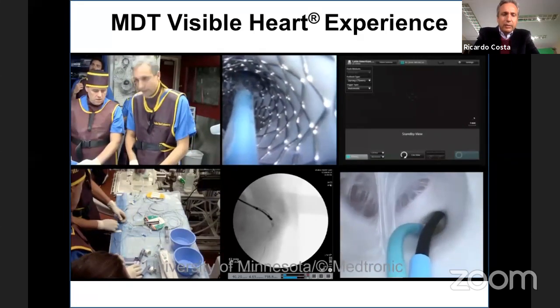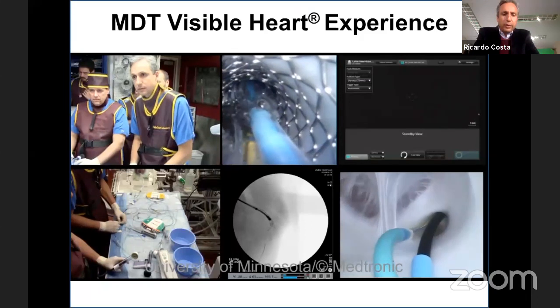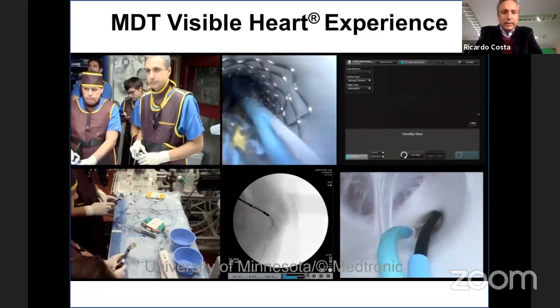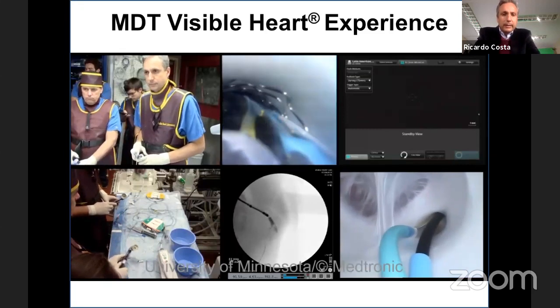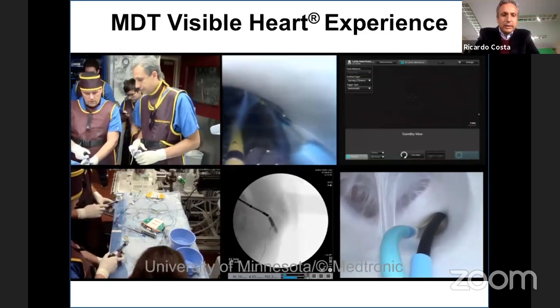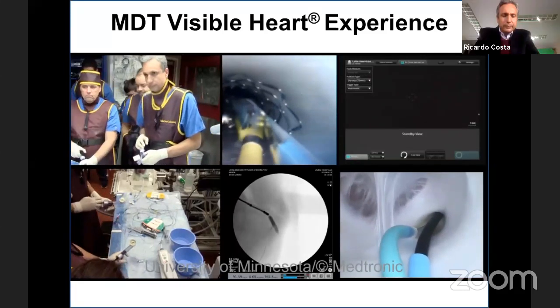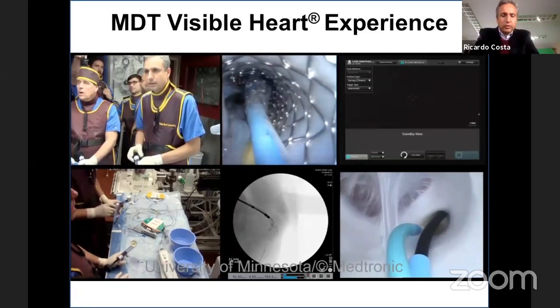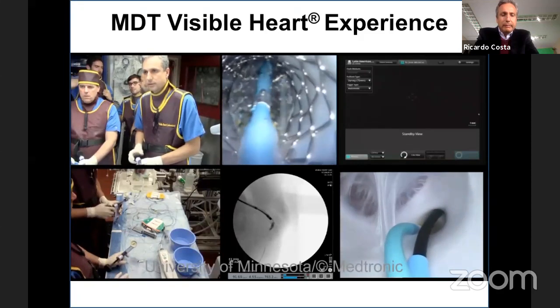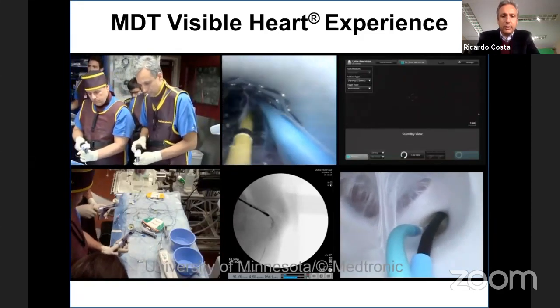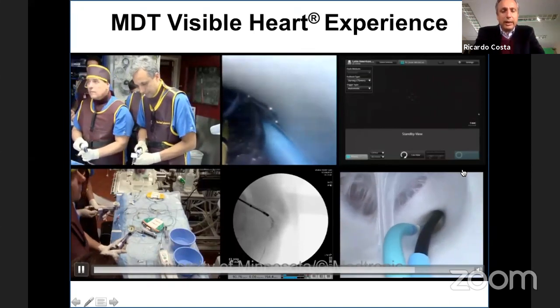I'm going to have now a balloon in both branches. And after optimizing the proximal main vessel stent, you can do the kissing balloon. And with the kissing balloon here, we have the full reconstruction of the carina. And then at the final piece here, you have more like an oval shape.